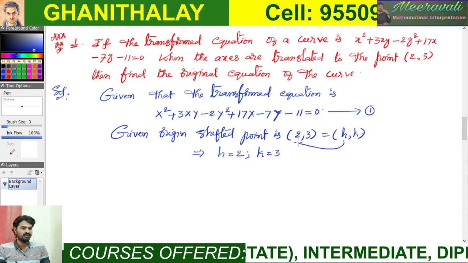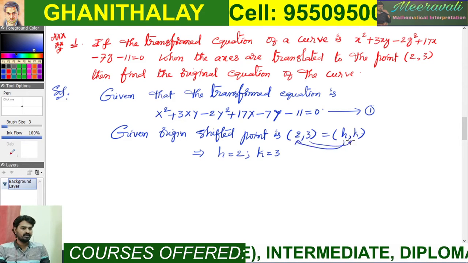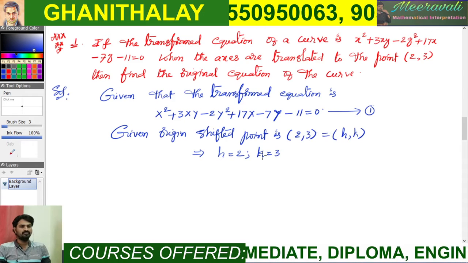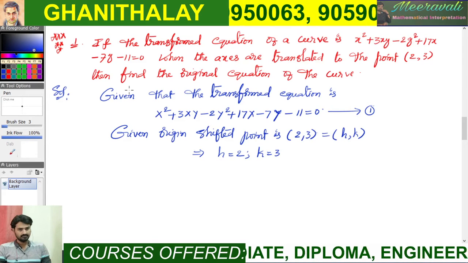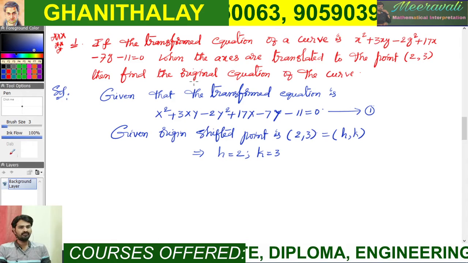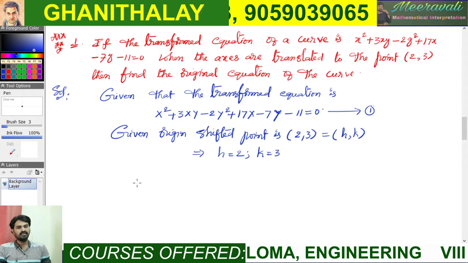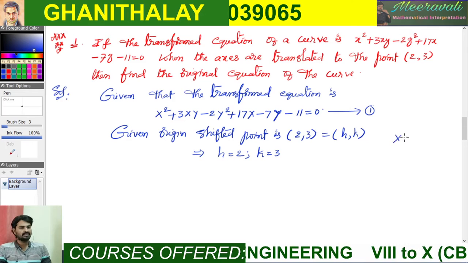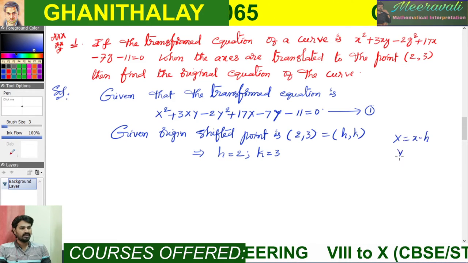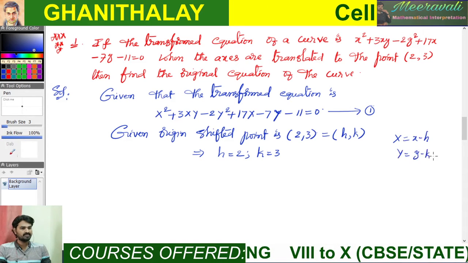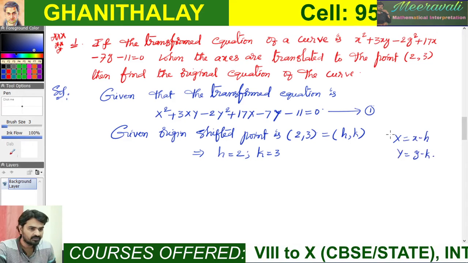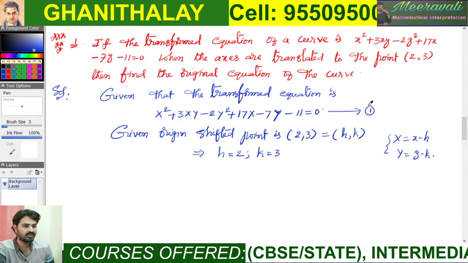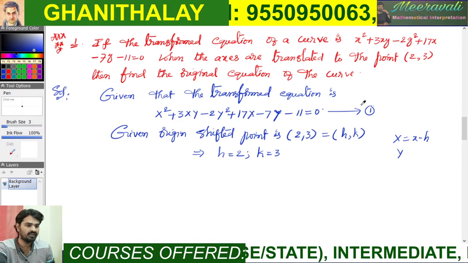First equals first, second equals second coordinate, so h is equal to 2, k is equal to 3. Now we are going to find the original equation of the curve. To find it, we put capital X is equal to x minus h, capital Y is equal to y minus k. These values can be substituted in equation 1, and you will get the original equation of the curve.